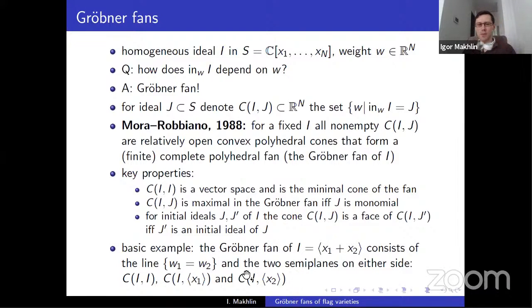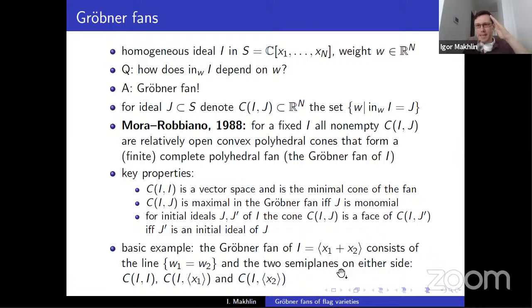So this line is given by the two coordinates being equal to each other, this diagonal line. It is the cone C_II. What I'm saying is that when W1 is equal to W2, the initial part of x1 plus x2 is x1 plus x2 itself, because both x1 and x2 have the same grading, so they both go into the initial part.